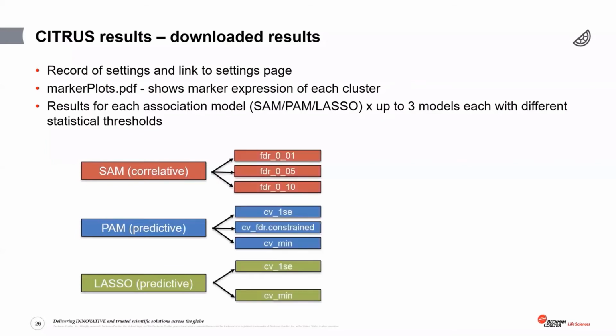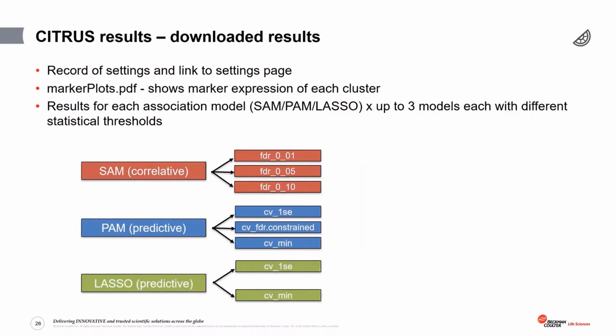Within each association mode, you'll find the results for up to 3 different models representing the significant features under different statistical thresholds. For SAM, these thresholds correspond to false discovery rates of 1, 5, or 10%. For PAM and Lasso, they apply to different cross-validation models that we'll look at in a minute.